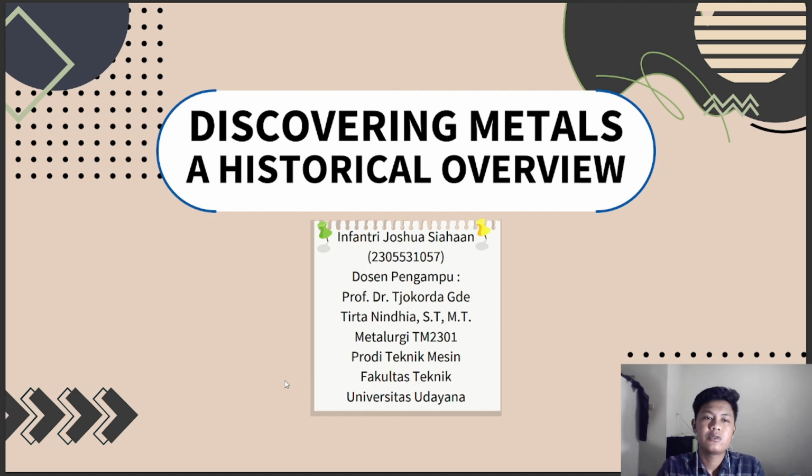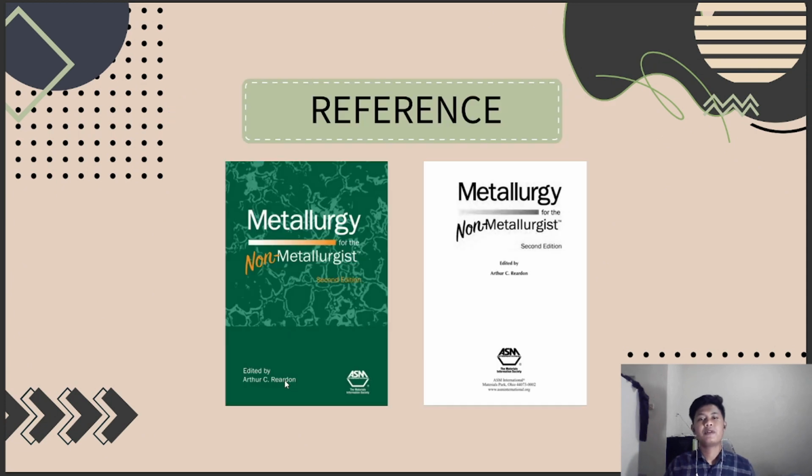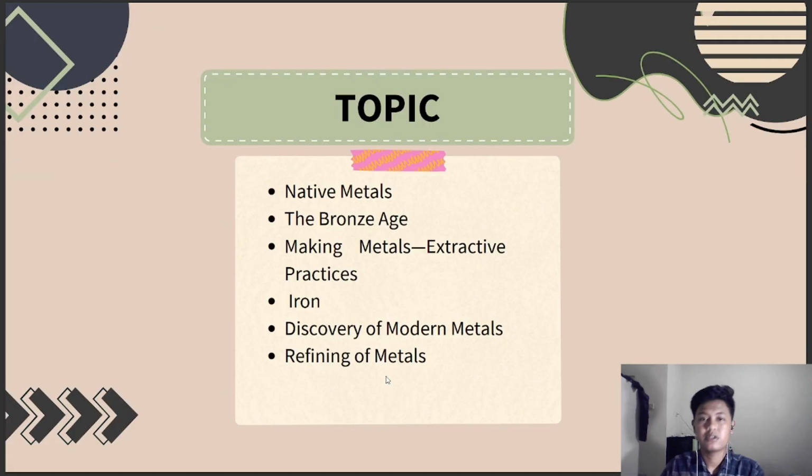And now I want to explain my presentation about discovering metals, a historical overview. The reference I take is from the book Metallurgy for the Non-Metallurgists, second edition, edited by Arthur C. Riordan.